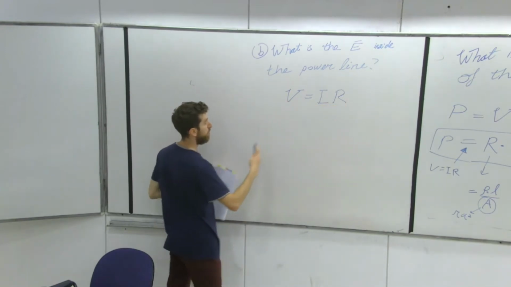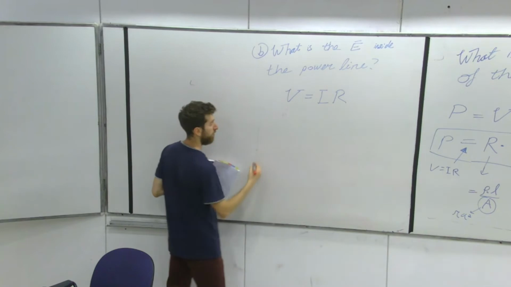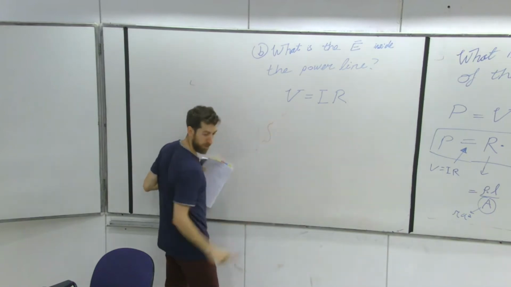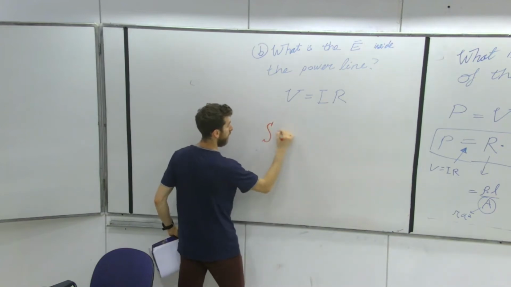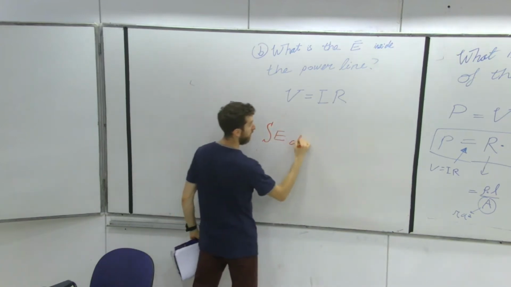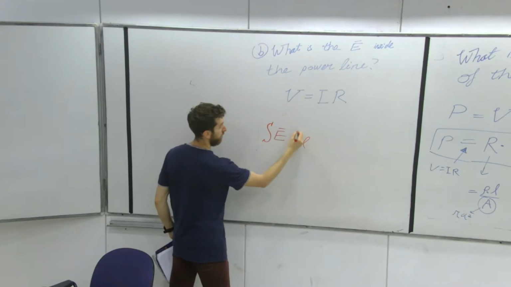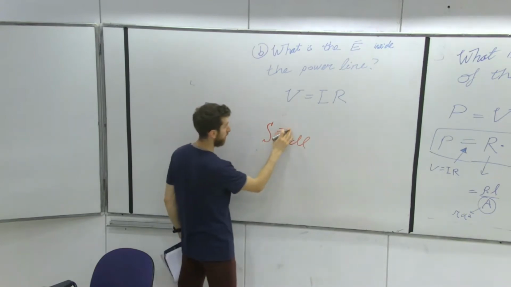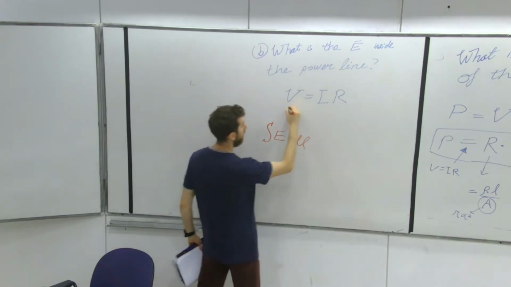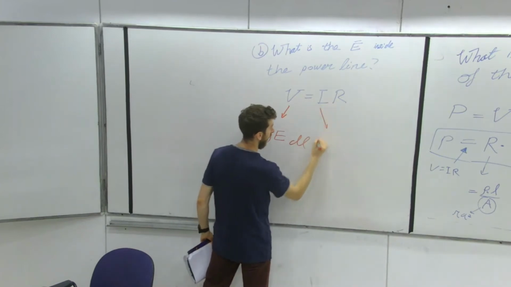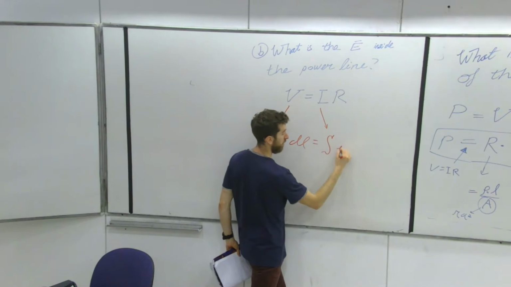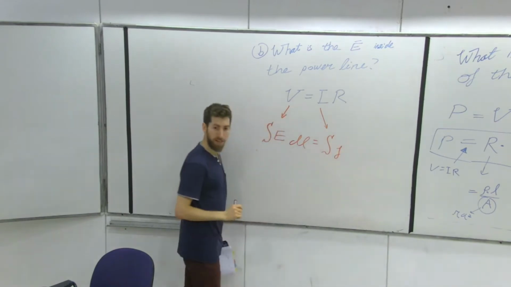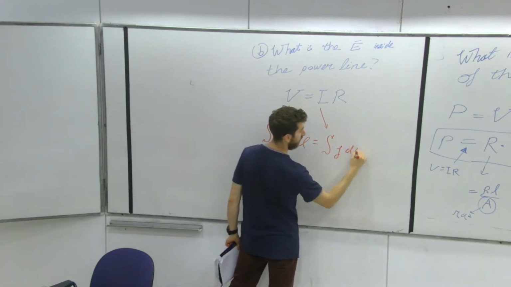But we already know how to write each one of them in a vector form. What do I mean? Remember what V was? V was the integral of the electric field dot dL, right? That's what we had. And remember I was also a vector integral: the current density dot dA.